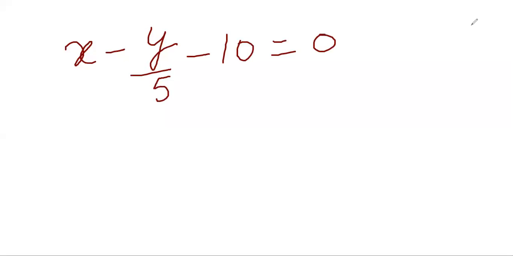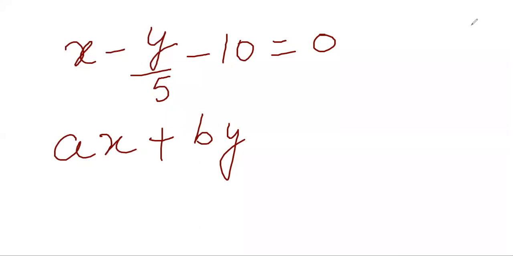X minus y upon 5 minus 10 equal to 0, right? So here, what will be the a? What will be the a here? 1.